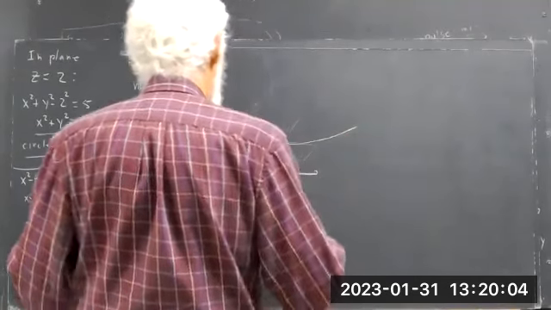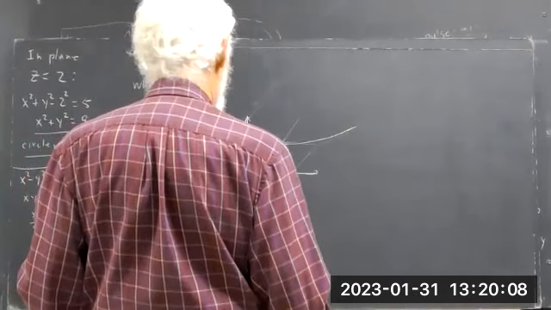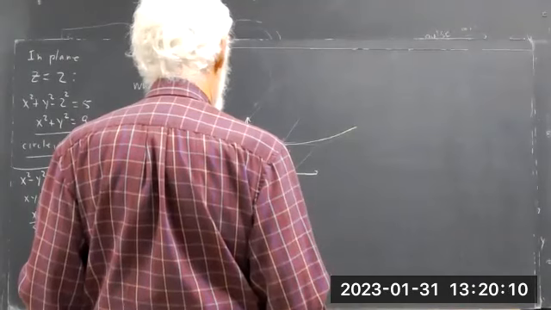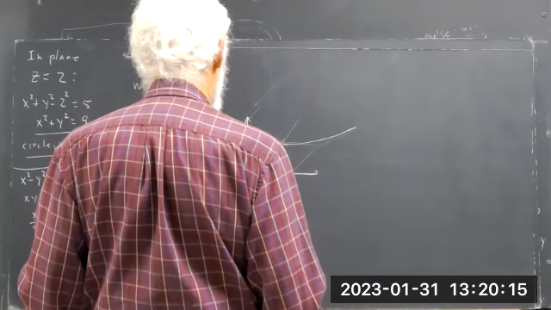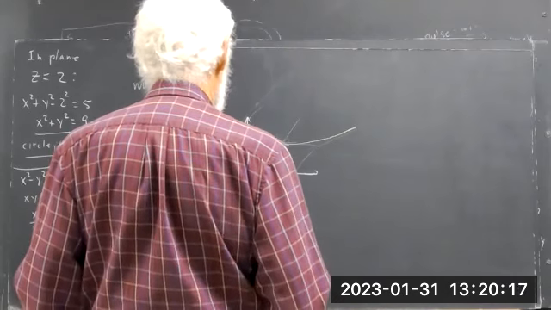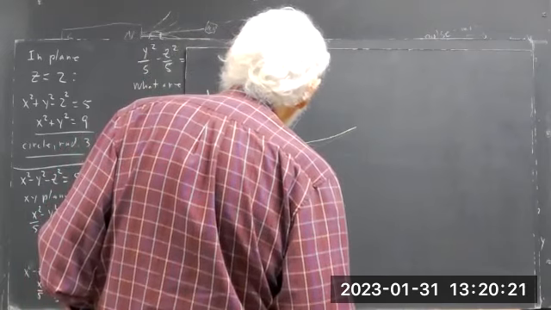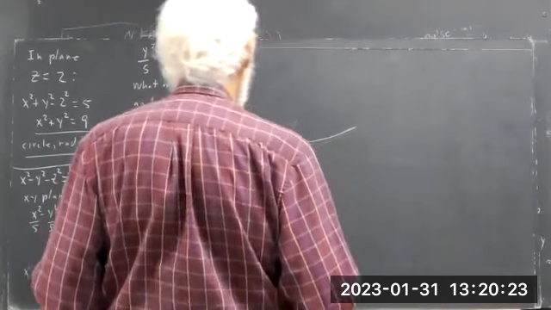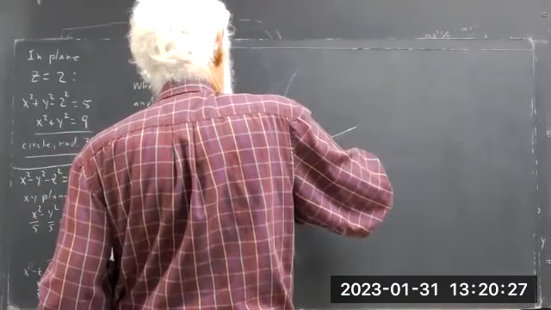Where's my asymptote? I can't find it. Here. Here. Best one. So anyhow, it's going to be kind of like this in the XZ plane.